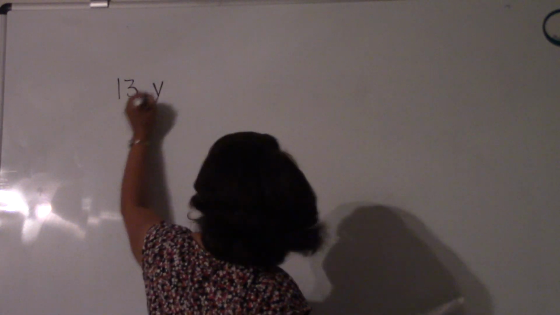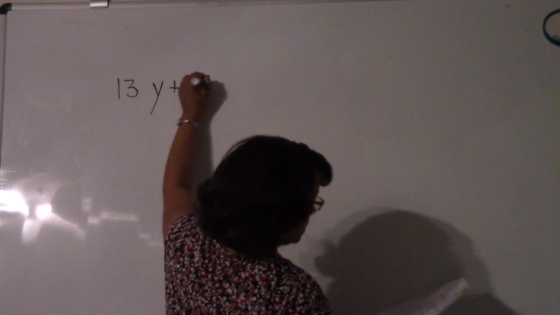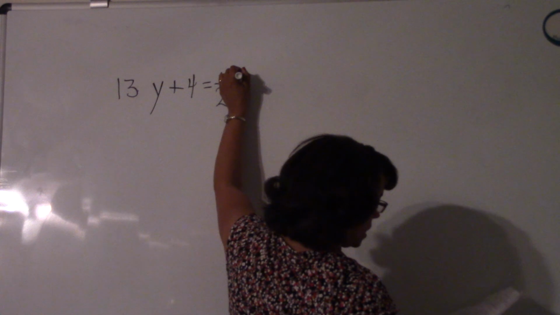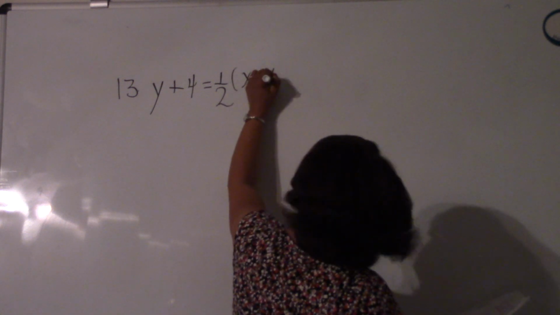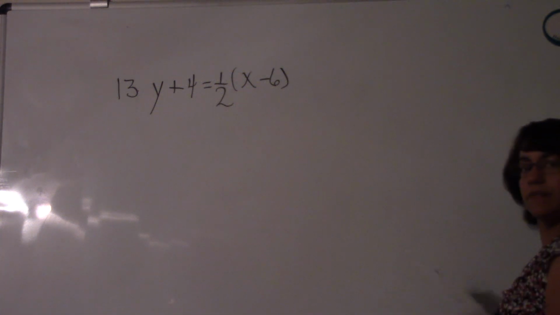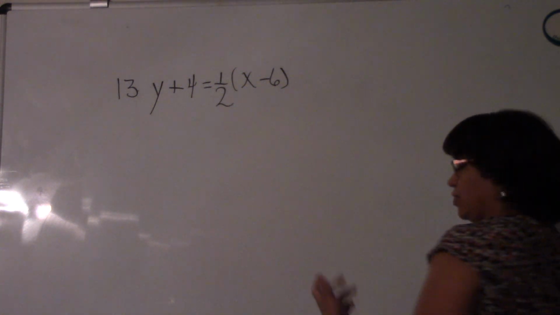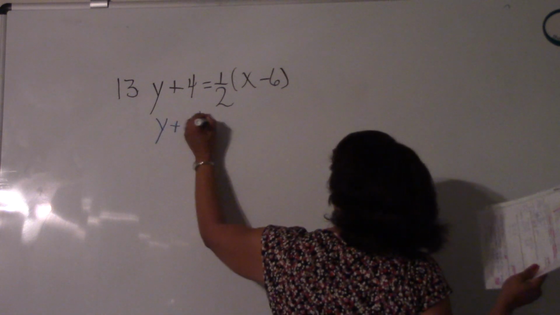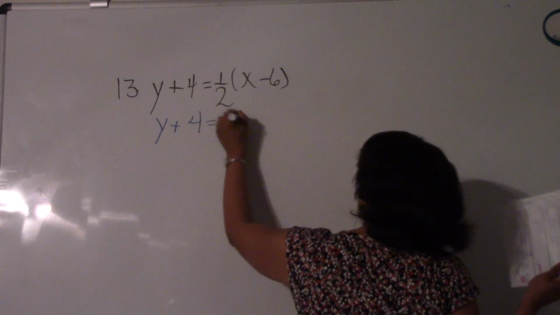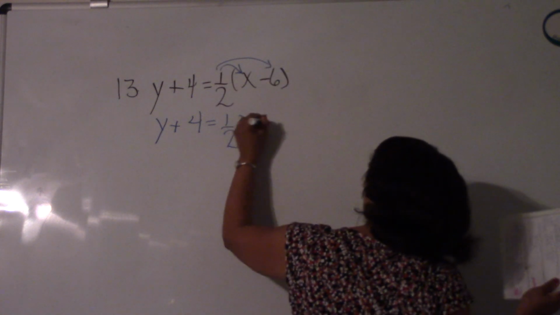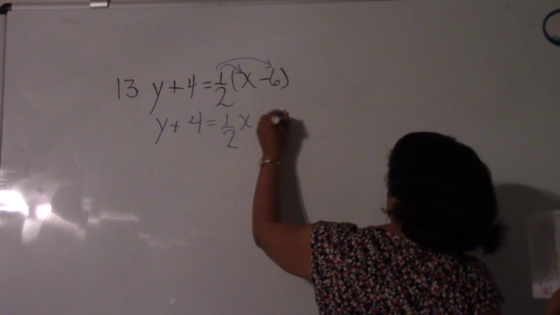We have y plus 4 is equal to 1/2 times the expression x minus 6. What property should we use here? Right, distributive property. So now we have y plus 4 is equal to 1/2 of x minus 1/2 of 6, which is 3.